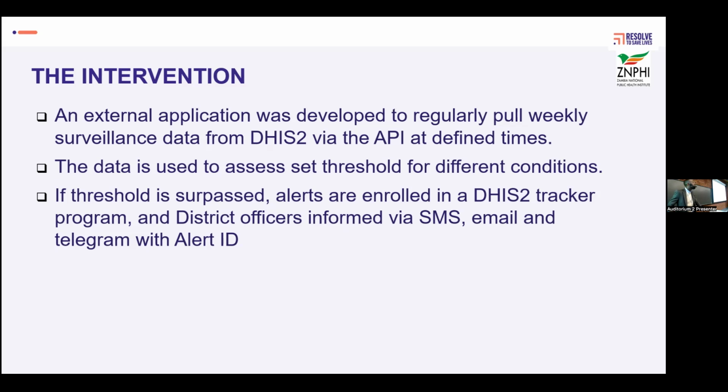And if the threshold has been surpassed, the program generates an alert ID, enrolls the alert into a DHIS2 tracker for additional action, and also directly notifies the district surveillance officer via SMS, email, as well as the Telegram application.